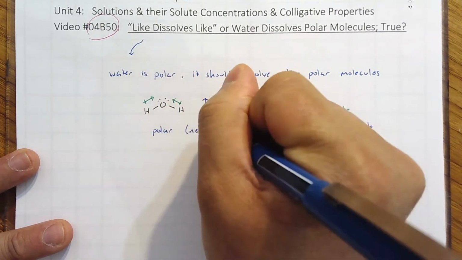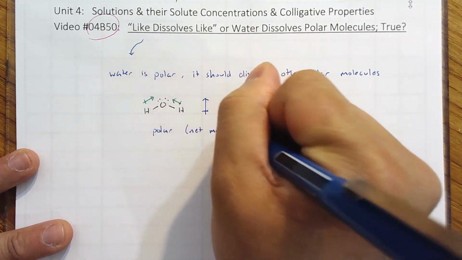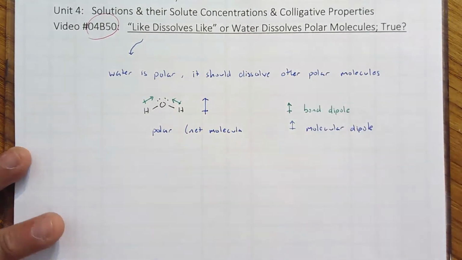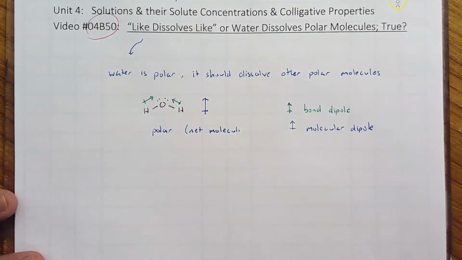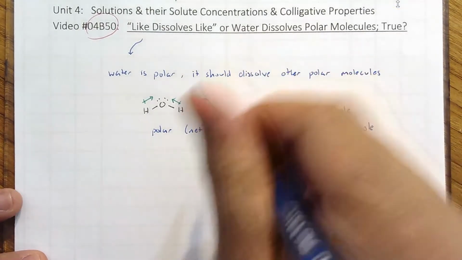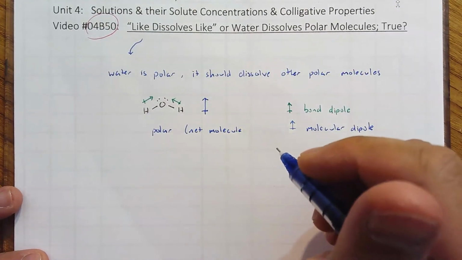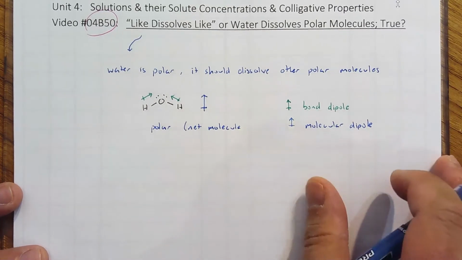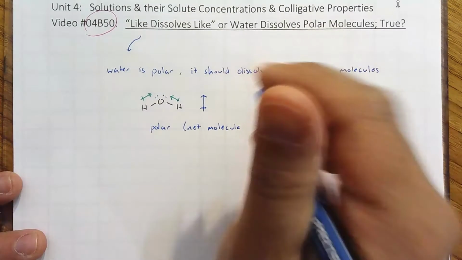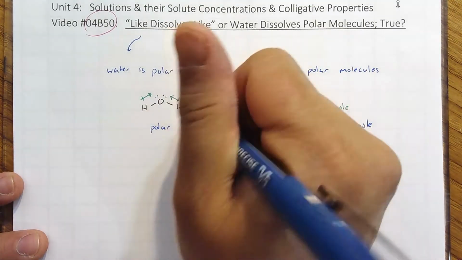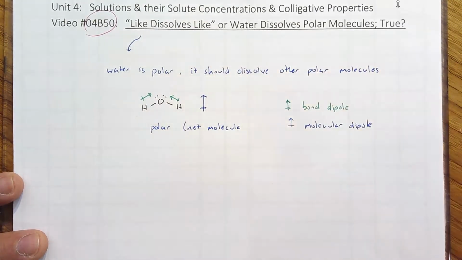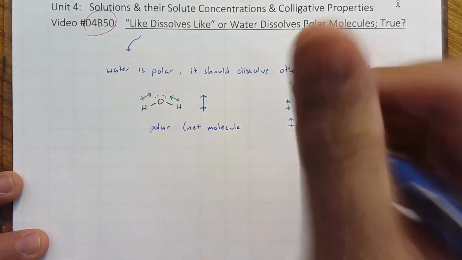Now there's going to be gradations. Some molecules are very polar, some molecules are slightly polar, and we're going to practice that. This is one of the skills where it is essential to practice, because there are exceptions that we'll see in just a bit. So it has a net molecular dipole.